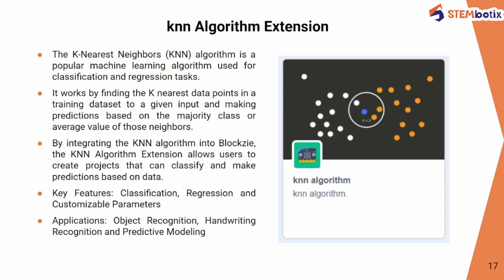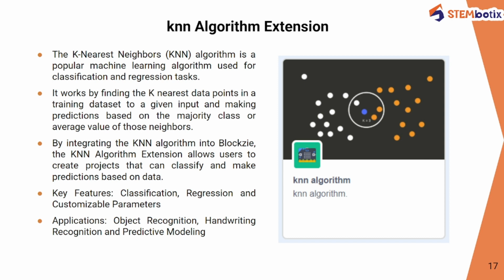Now talking about the KNN algorithm extension. KNN means K nearest neighbor, a simple and intuitive machine learning algorithm used for both classification and regression tasks. So this is the name of KNN, which is K nearest neighbor.